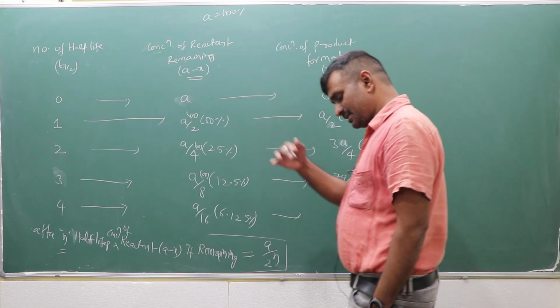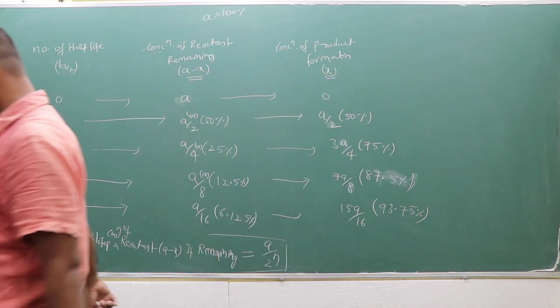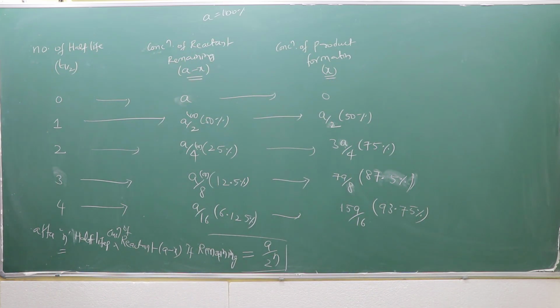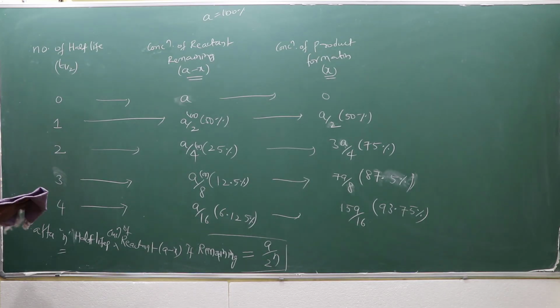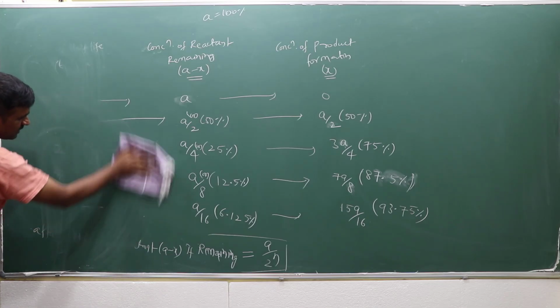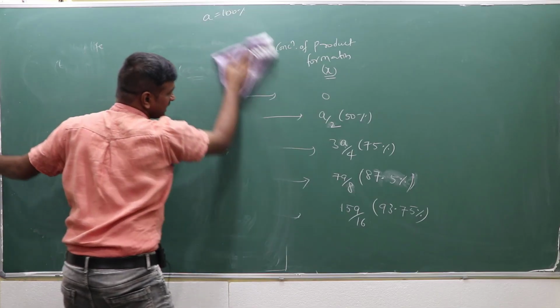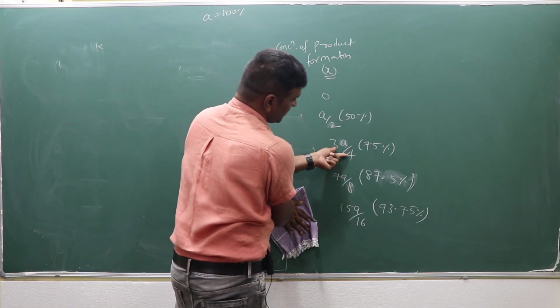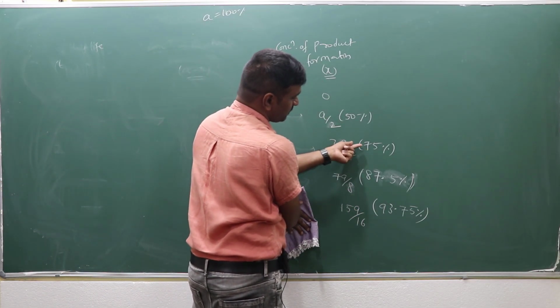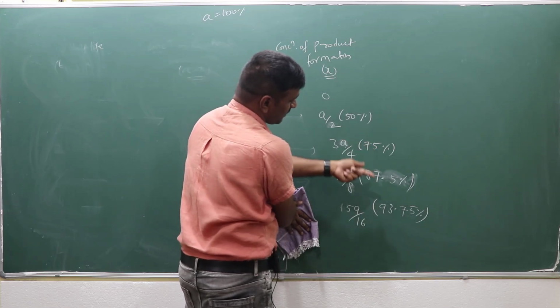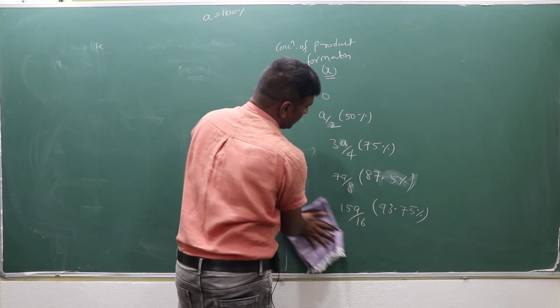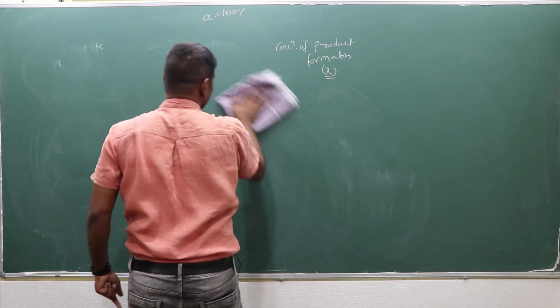Now again, the graphical representation, we have seen the graphical representations. Sometimes questions are asked from the graphical point of view also. This is the half-lives concept. If A is 100%, this is A by 2 or 50%, 3A by 4 or 75% product, 7A by 8 or 87.5% product in percentage format.